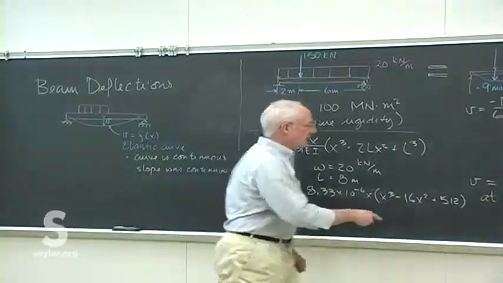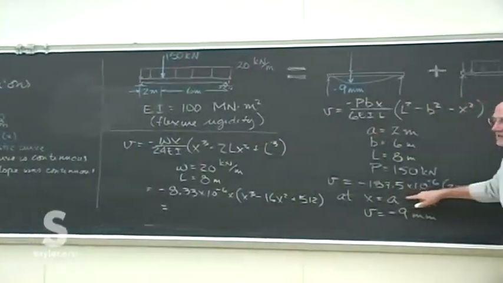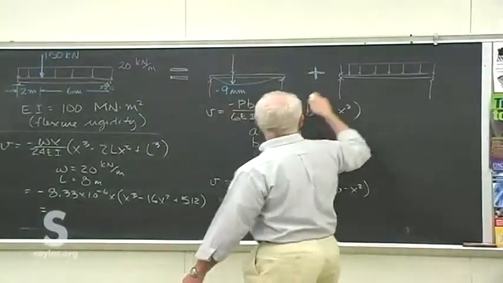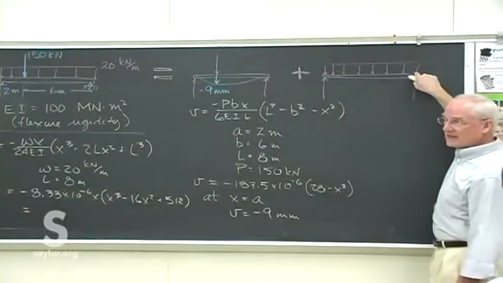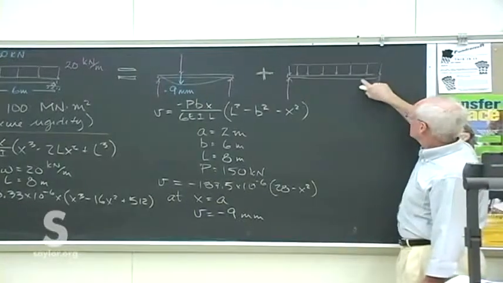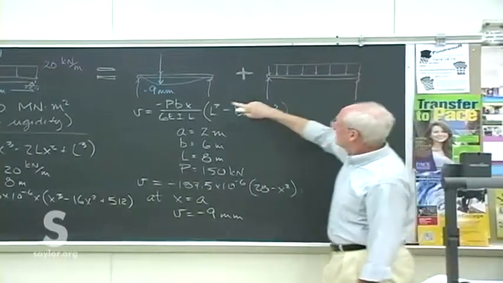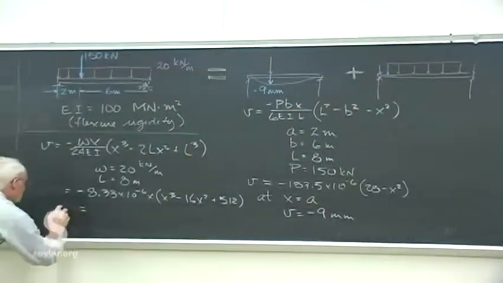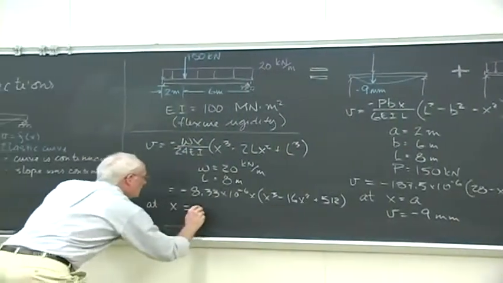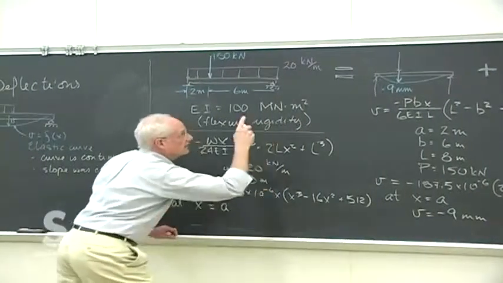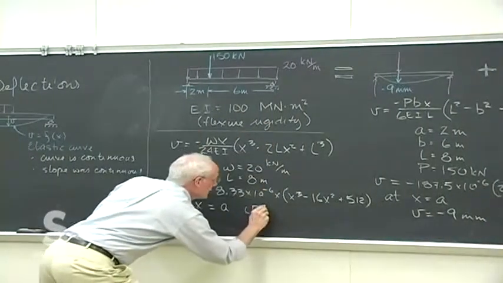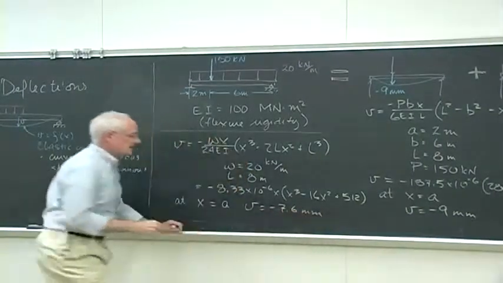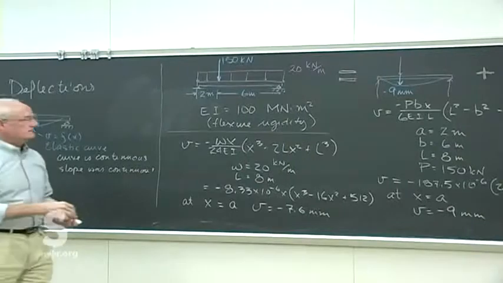And then at the very same place where x equals a, right under the load P, the value a doesn't have a specific importance in this loading we're doing now, but it relates to the original problem, so it's somewhat useful. So at x equals a, again the 2 meters in, we get a value of minus 7.6 millimeters.